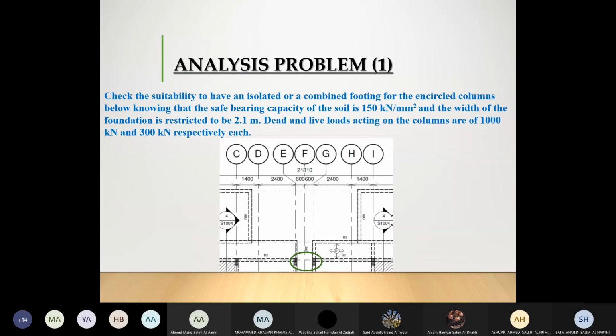Okay, let us try to solve this problem, which is something similar to what has been solved with you by Miss Maison, but this is a little bit elaborated.